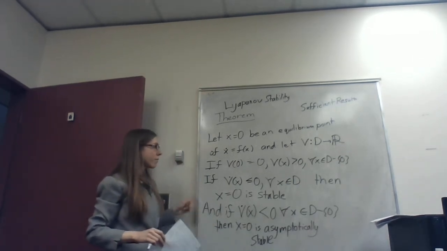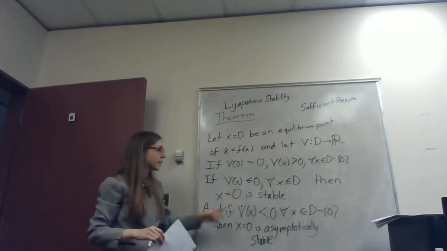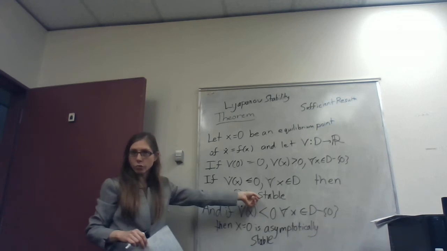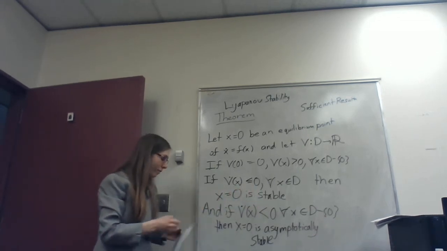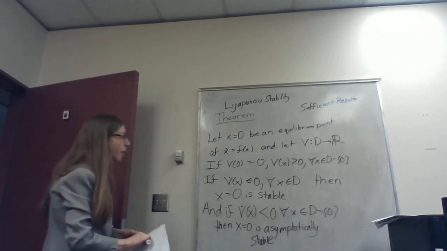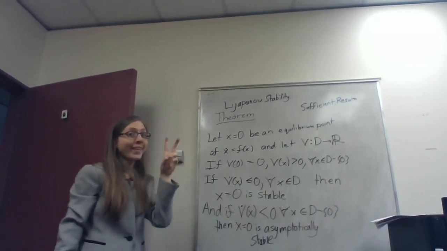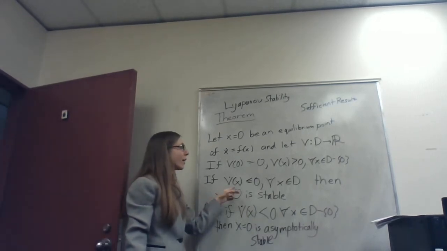It says, if the following holds, then something. It doesn't say, if the first thing does not hold, then the second thing's not true. This is actually one of, I think, the hardest points about Lyapunov stability, is that you have to find a good V.